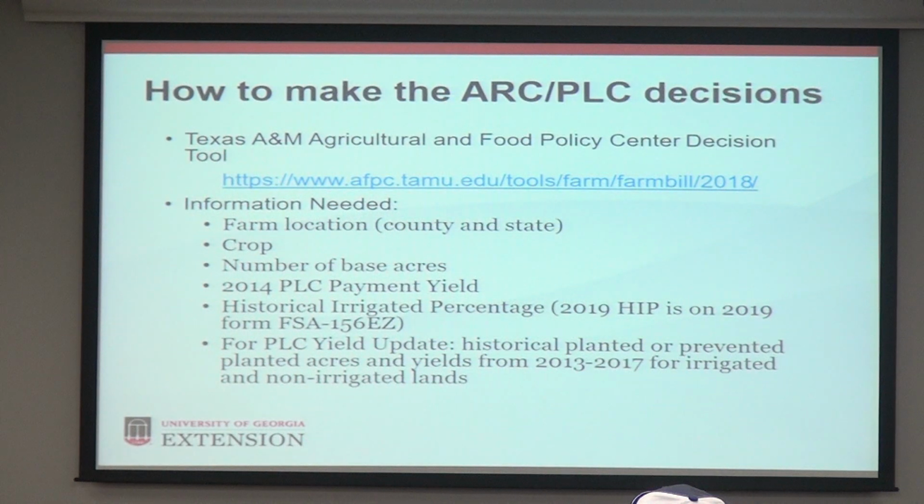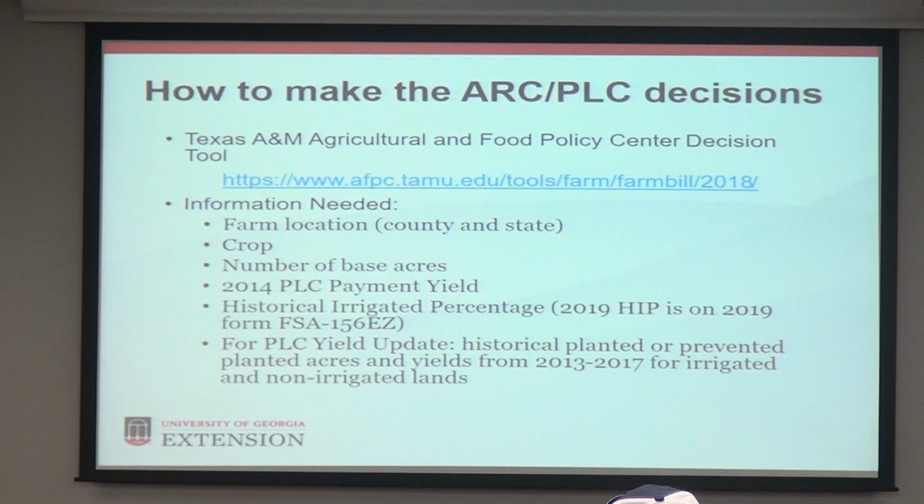The information that you need is your farm location, the county and the state, the crop that you're talking about, because this is a crop-by-crop decision, your 2014 PLC payment yield, because that's what is going to be applicable to 2019, but then also for that yield update decision. Of course, your base acres.